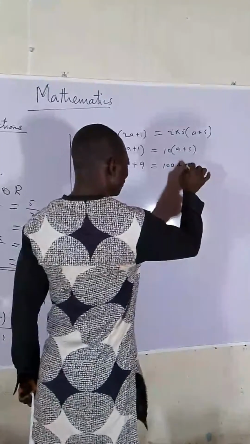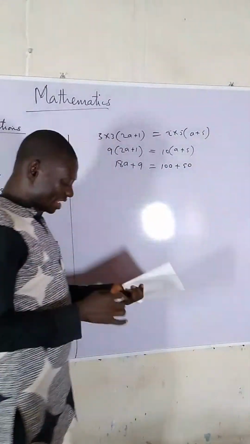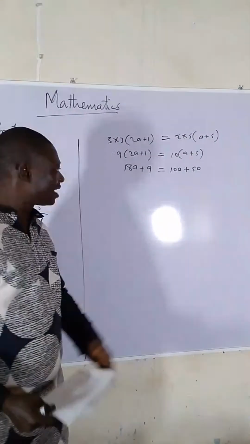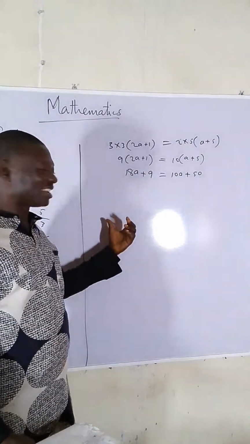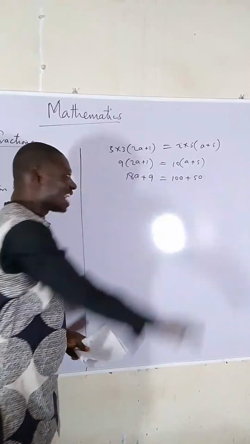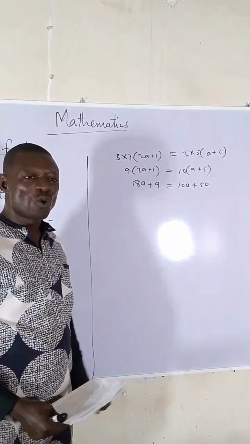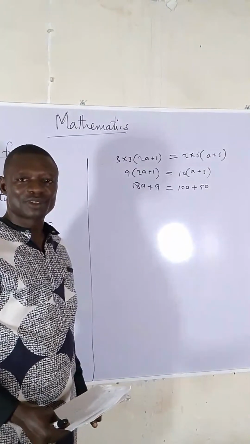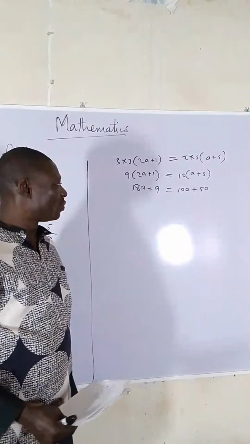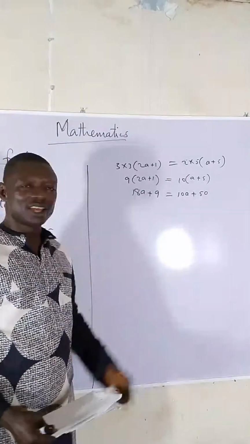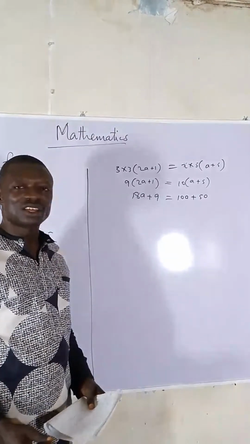So have it as plus 50. So the work is telling us here, but what is on the left hand side and what's on the right hand side are equal. Remember that our job is to find out what makes it equal. What will be in the position of A so that it will be really equal.